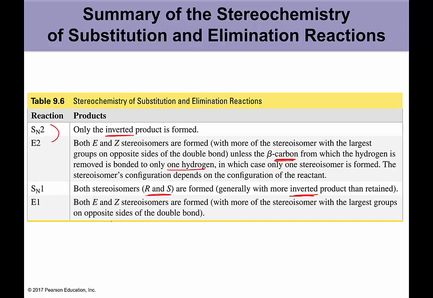Again, the stereoisomer that forms depends on the configuration of the reactant, just like it does for an SN2 reaction. For an E1 reaction, again, you have both E and Z isomers. You get a mixture, but you tend to get more product where the largest groups are on opposite sides of the double bond.